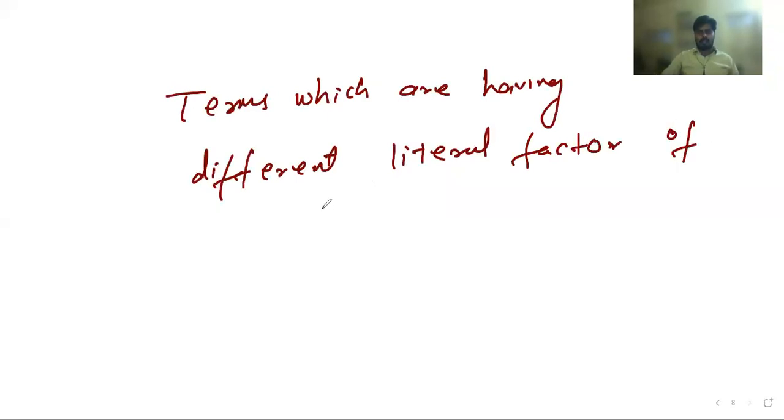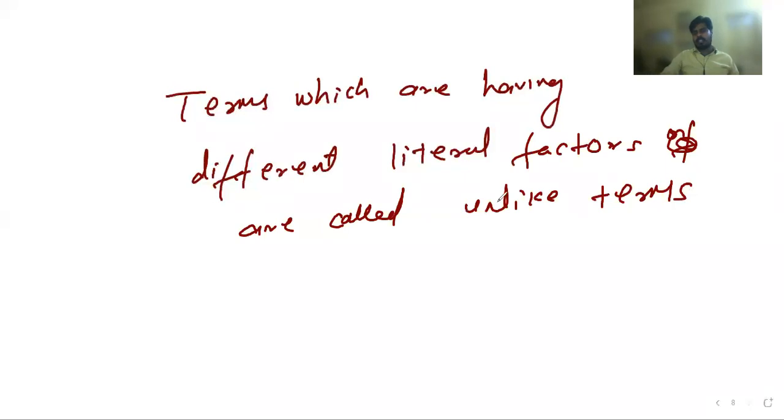are called unlike terms. See here, previously we discussed literal coefficients and numerical coefficients. Then what about literal factors and numerical factors?